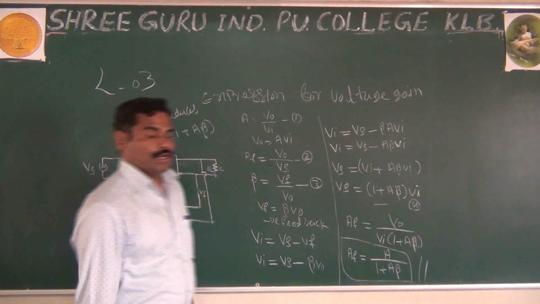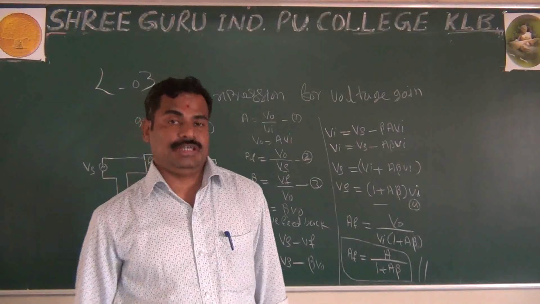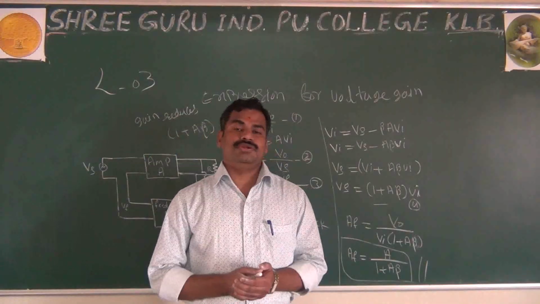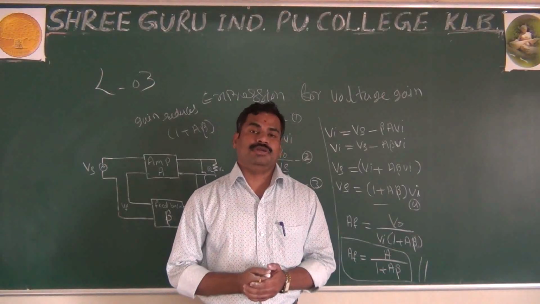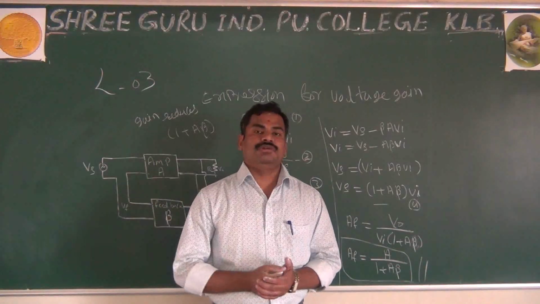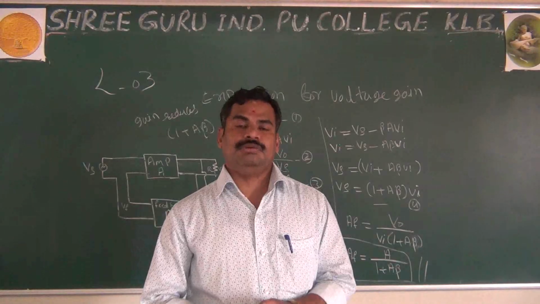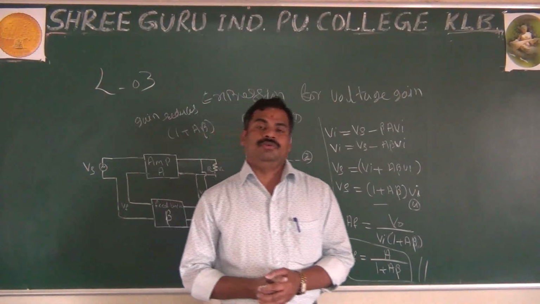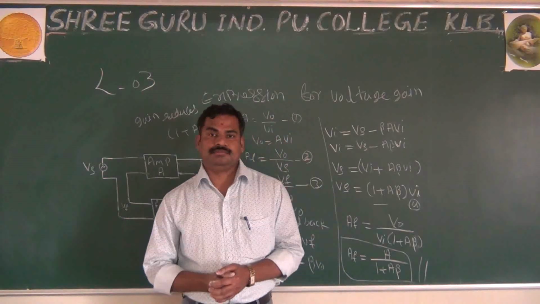The gain reduces by 1 plus A beta times. It means if you use negative feedback, the gain will reduce by 1 plus A beta times. This is the simple derivation of voltage gain in voltage series feedback.